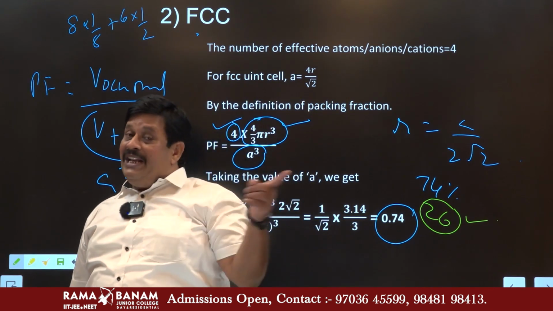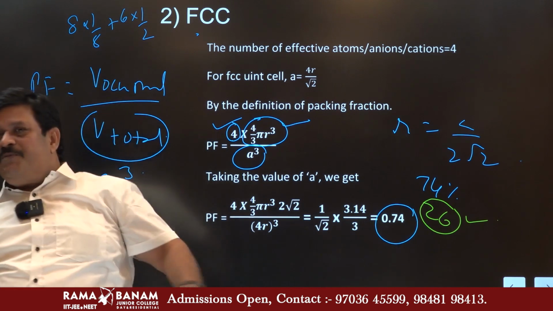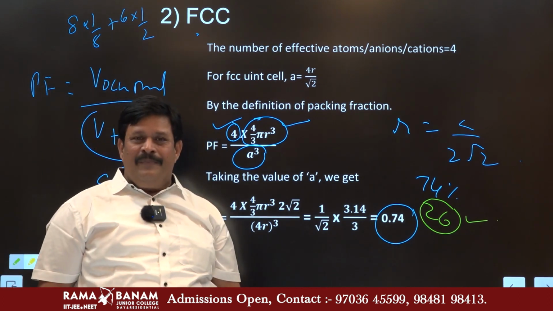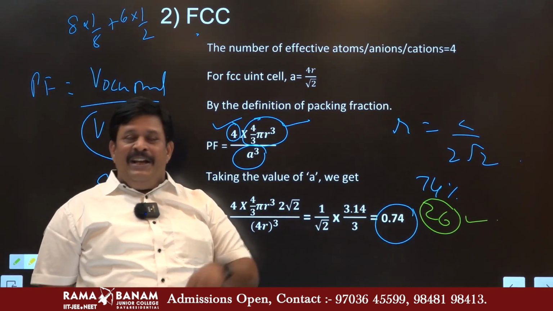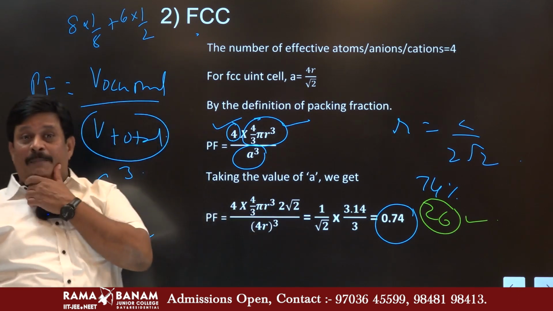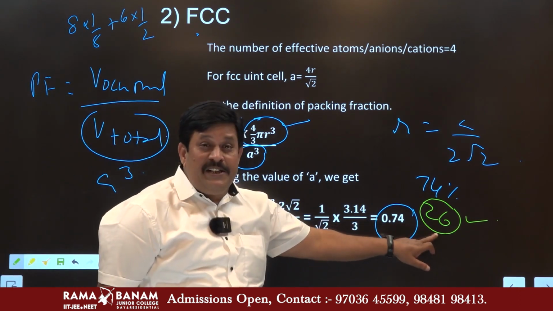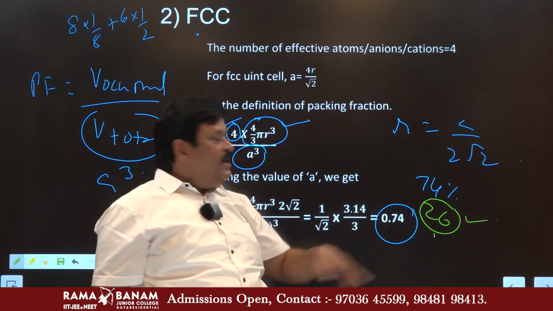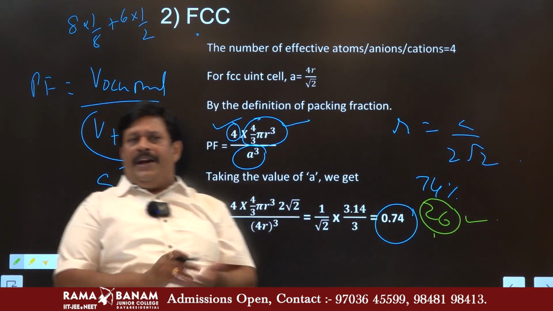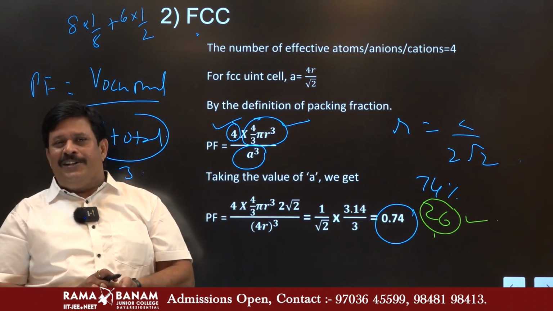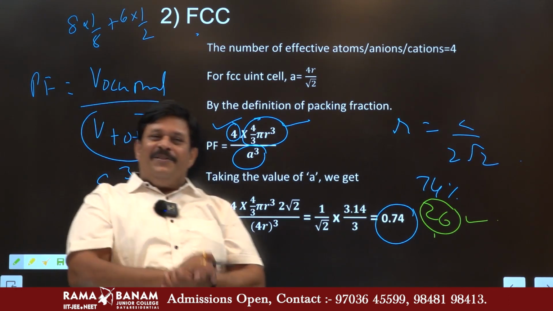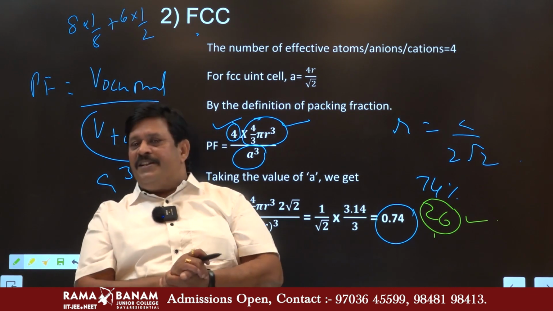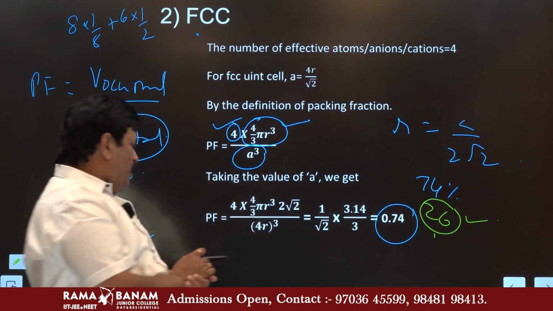See, in simple cube, packing fraction is 52% and vacant space is 48%. Here the vacant space is less and more space in the cube is occupied by the particles. The maximum space occupied among different types of unit cells is in FCC only. In FCC, 74% is occupied.